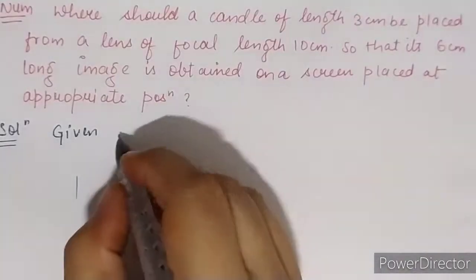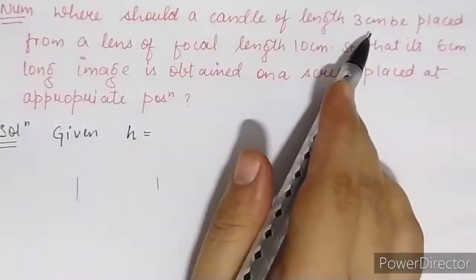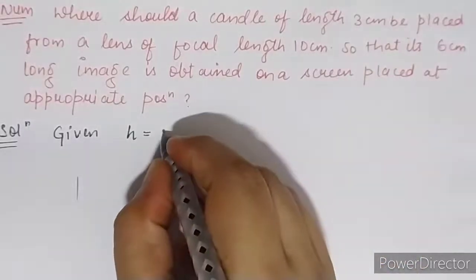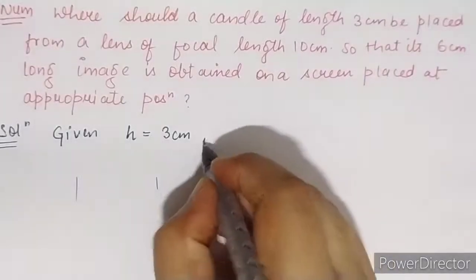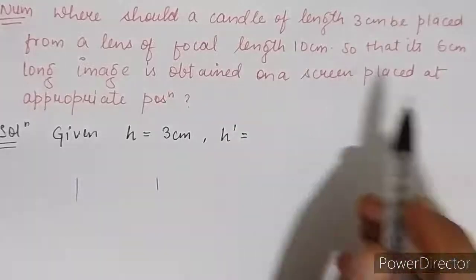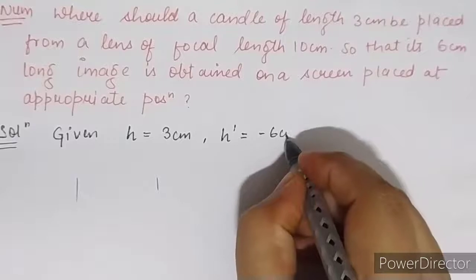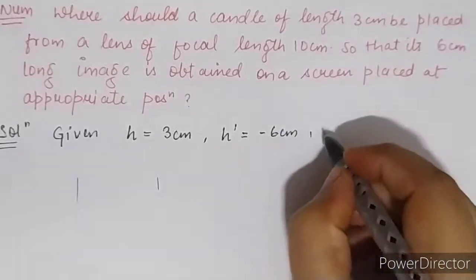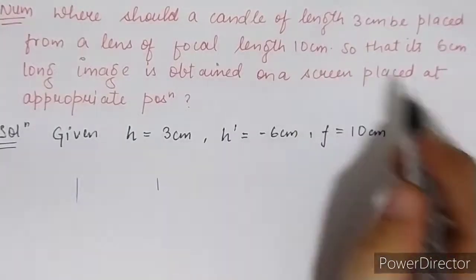So the height of the object, the height of the candle, is 3 centimeters. Always remember that the height should be in the positive form. The height of the image, since a convex lens makes a real image, and real is inverted, so it is 6 centimeter, and the focal length of the convex lens is 10, so 10 centimeter in positive form.